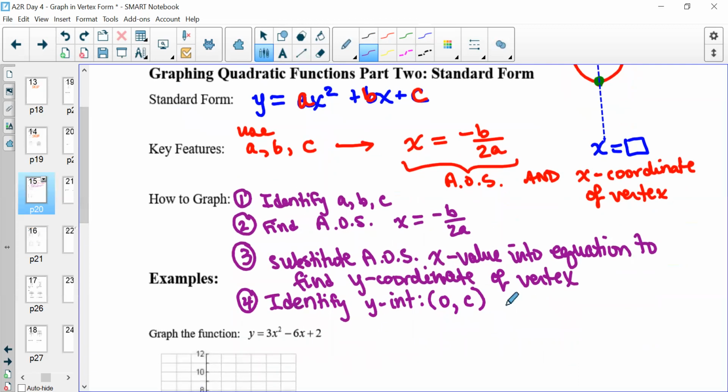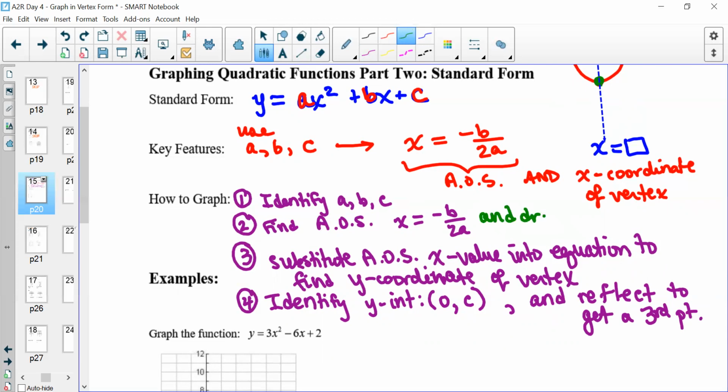And then, because I ran out of room, this would really be step 5, but then reflect to get a third point. So let me make a couple corrections here. Find the AOS and draw it in the graph.